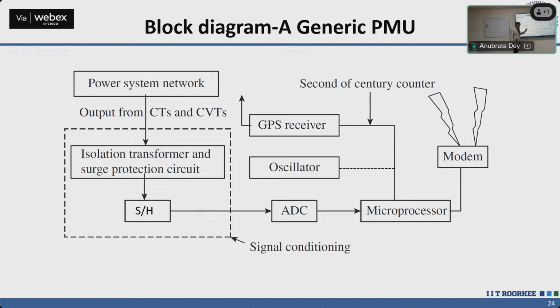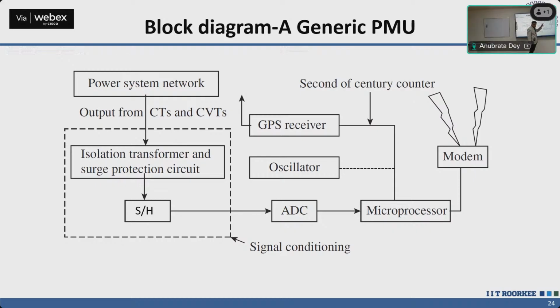Let's say sample and hold and conversion from analog to digital signals, and then you give it to some processor, any kind of processor. This processor is connected with a communication device. Of course, this processor is also connected with a local oscillator block in the PMU, because you want to adjust the clock of the PMU.